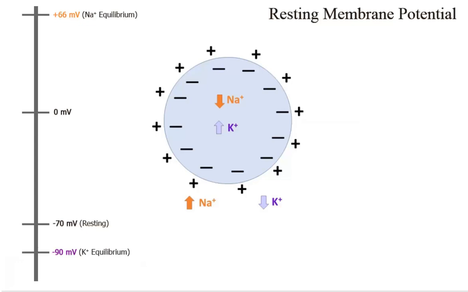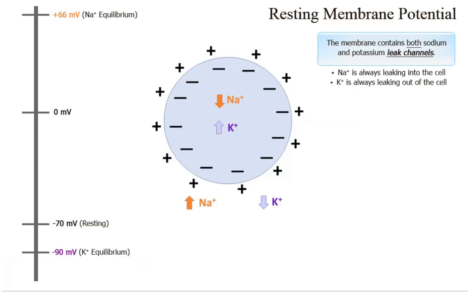So, the resting membrane potential is what it is because the membrane at rest has leak channels in it. And recall that leak channels are channels that are always open, and so ions are always able to move through these channels.